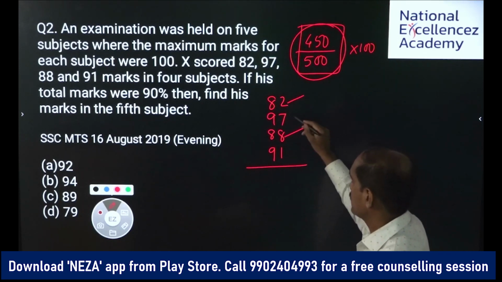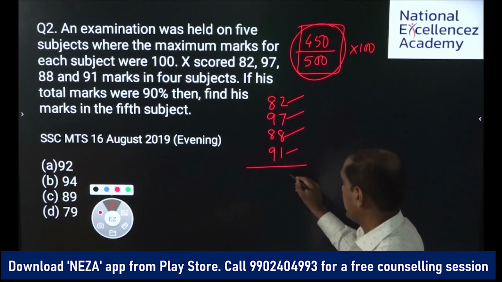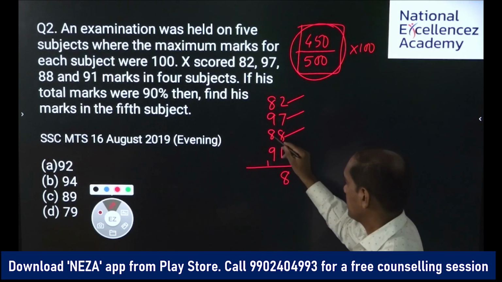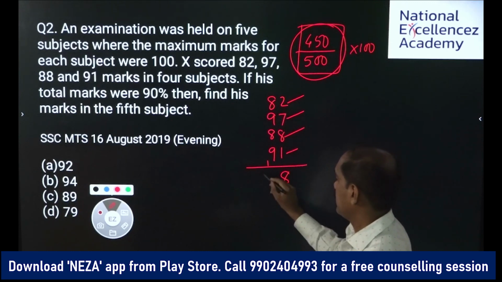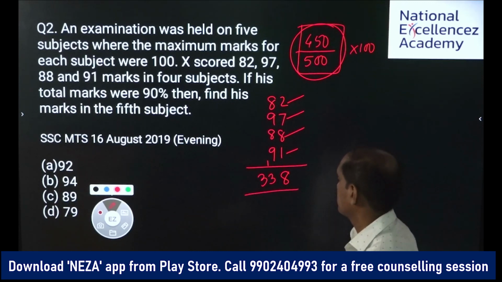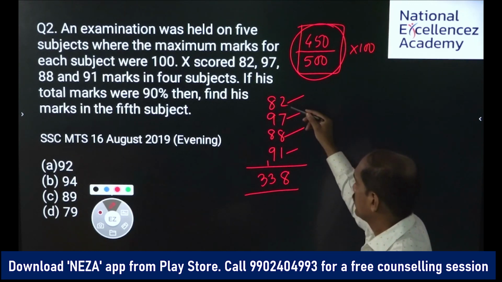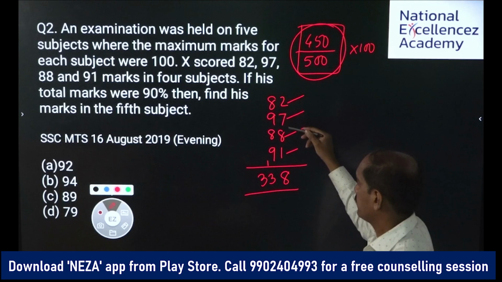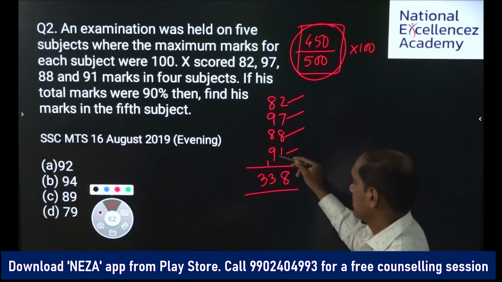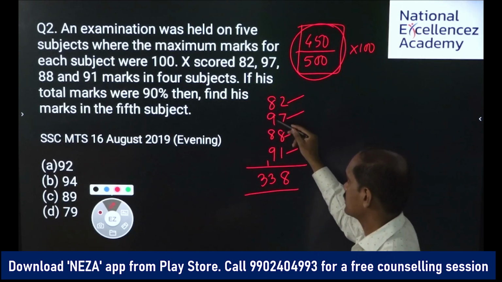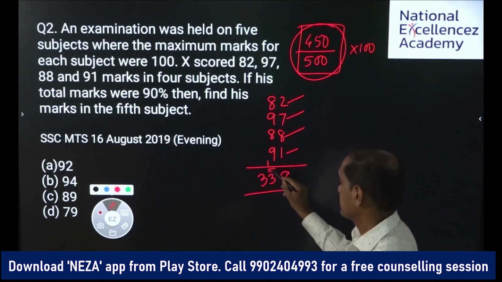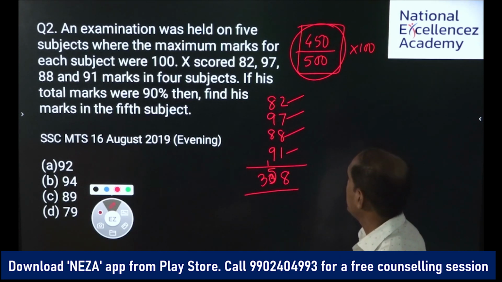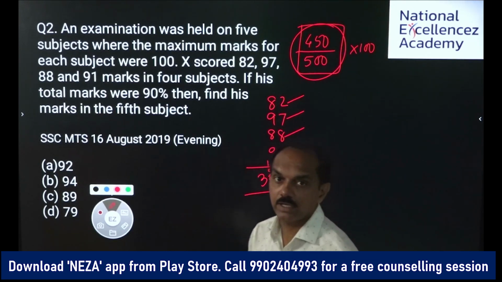82 plus 97 plus 88 plus 91. 2 plus 7 is 9, 9 plus 8 is 17, 17 plus 1 is 18. 8 plus 9 is 17, 17 plus 9 is 26, 26 plus 8 is 34, plus 1 is 35. 358 marks already he has scored.